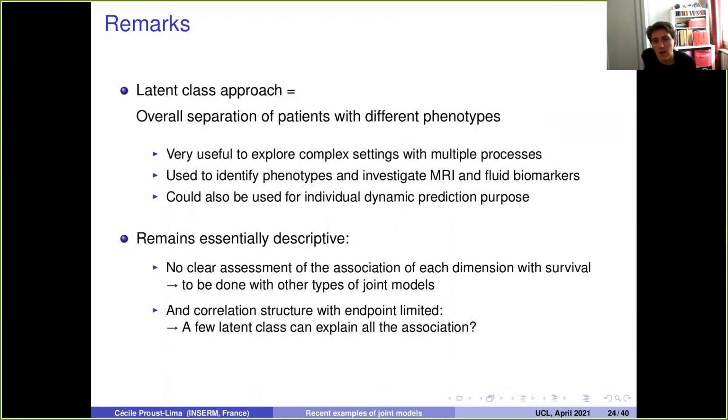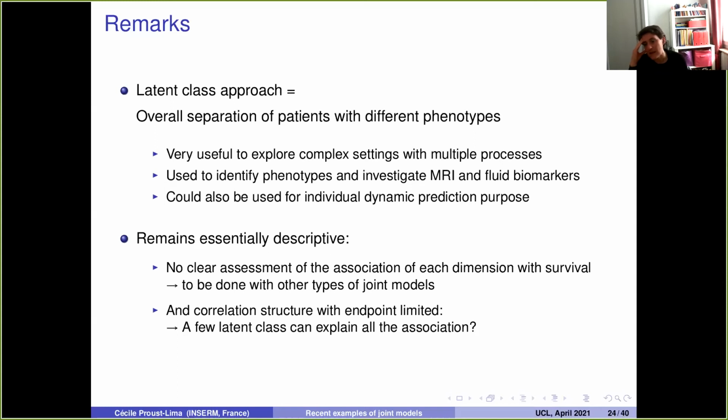So I wanted with this application to show you that the latent class approach could be an interesting tool to make an overall separation of the patients with different subphenotypes. And this is particularly useful to explore complex settings when we have multiple processes and we need to summarize that in some way.